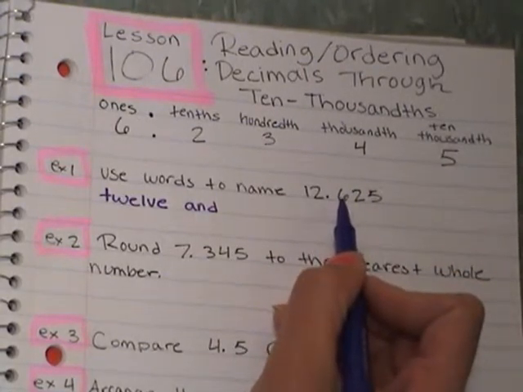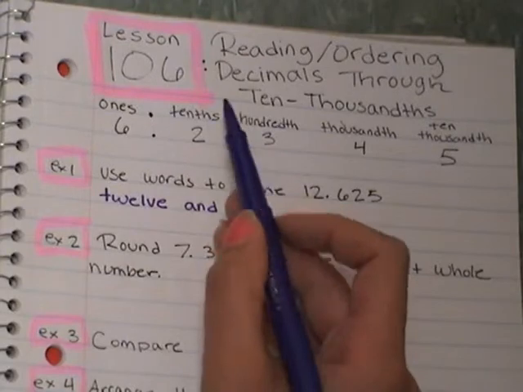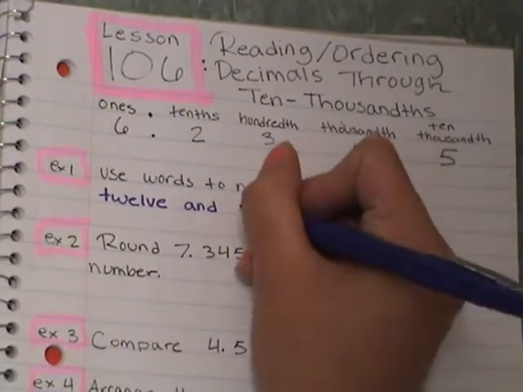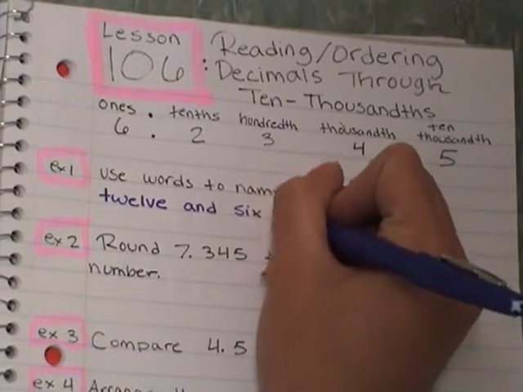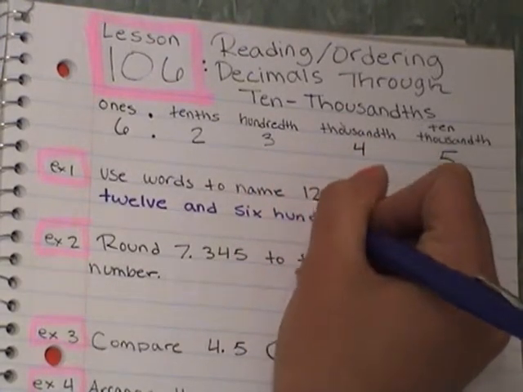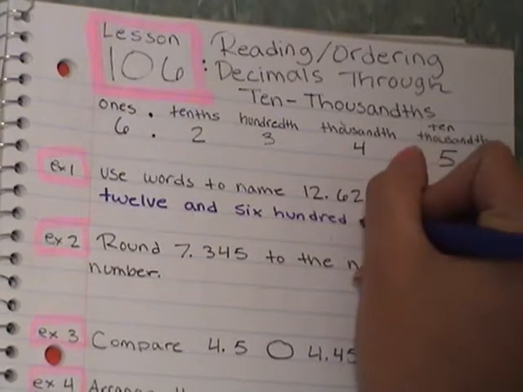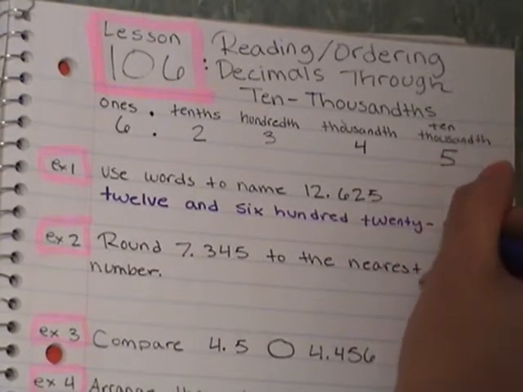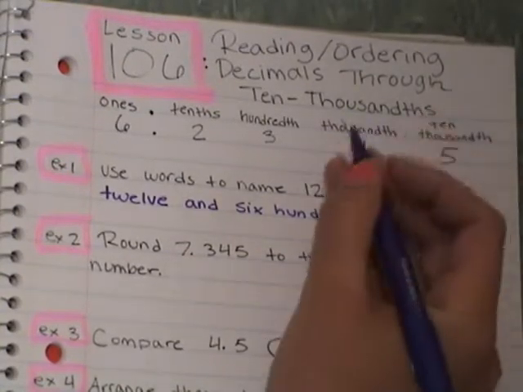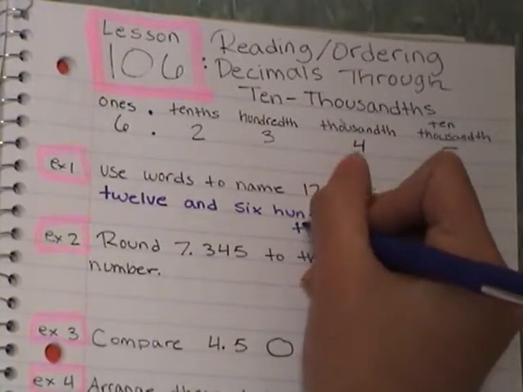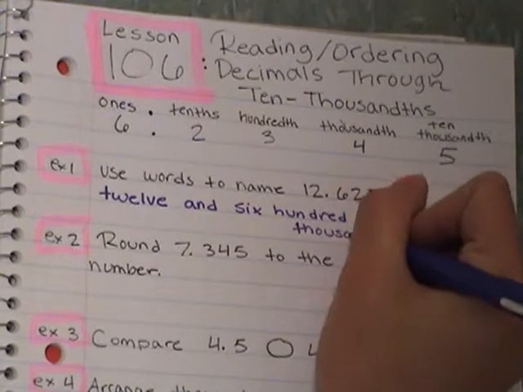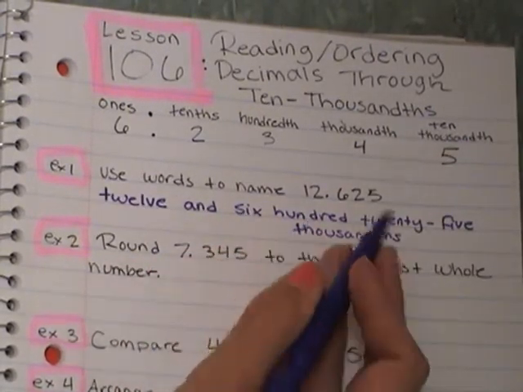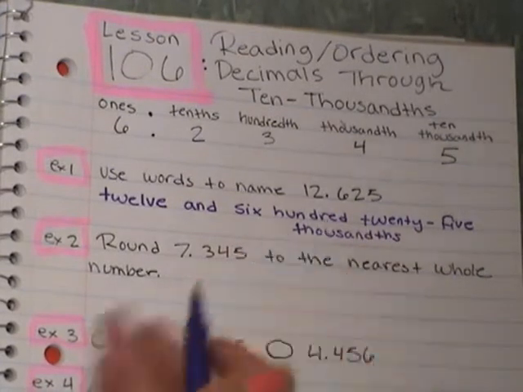I have 625, and if I look up here, tenths, hundredths, thousandths, so I would write 625 and name it thousandths. So 12 and 625 thousandths.